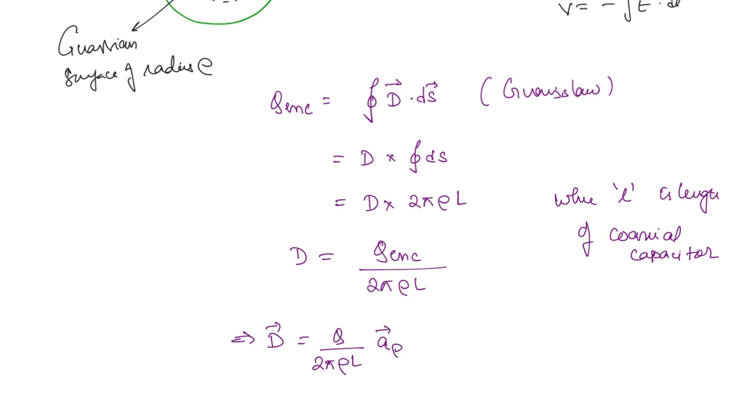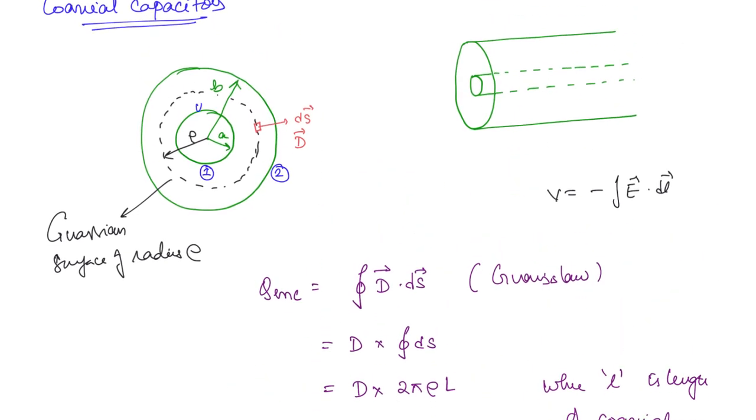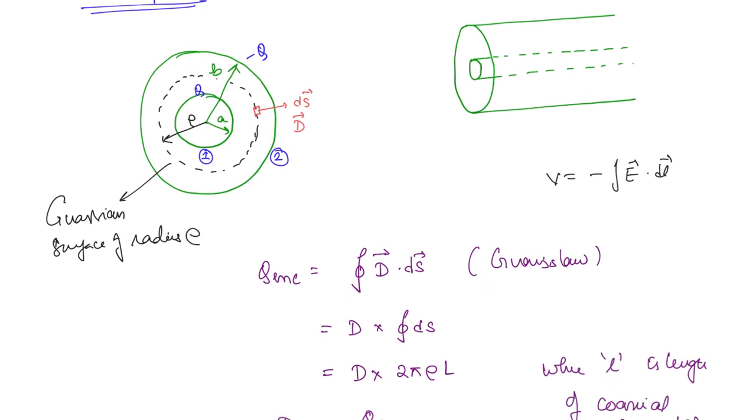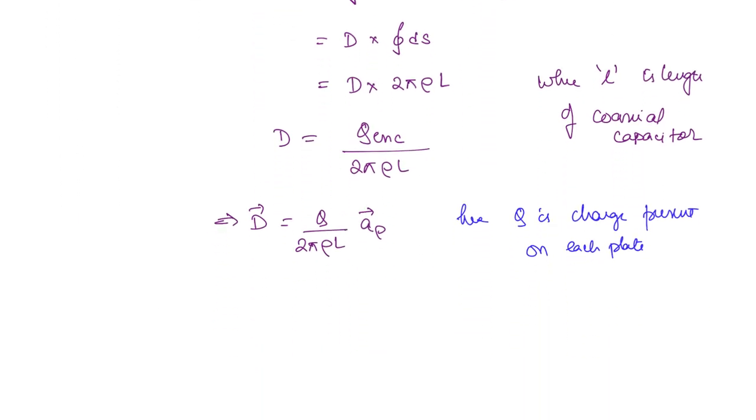Here Q is the charge present on each plate. So we can assume the inner plate to be having a positive charge, so that Q enclosed is plus Q, and this is minus Q. Once you know the electric flux density, you can find out the electric field. What is electric field? This is simply D bar by epsilon. So E bar is equal to Q by 2 pi epsilon rho L a rho bar.